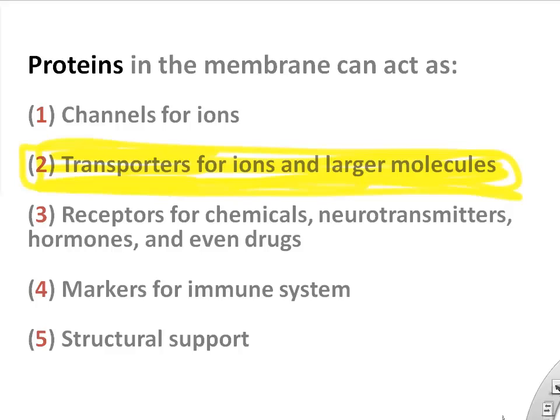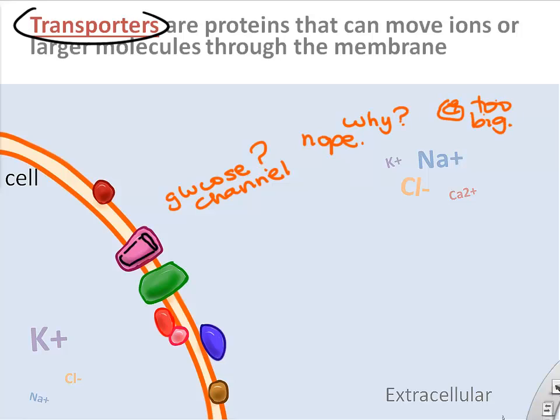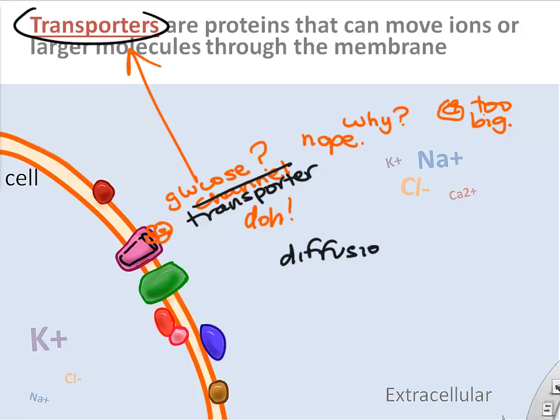Okay, another important type of membrane protein, we call those transporters. So channels, you can think of channels like little tunnels. So some things are too big to get through membrane channels. Something like glucose, for example, it's too big and it can't actually get through a channel. So instead, cells have developed transporter proteins that can grab the little glucose and, depending on its direction of diffusion, move it into or out of the cell.